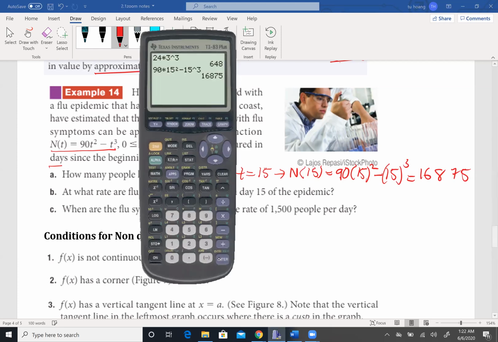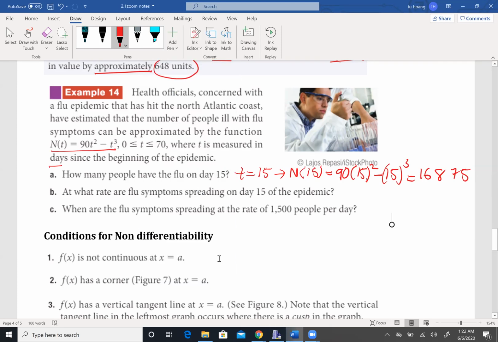Is that correct? Let me check. Yeah. So that is the number of people who have the flu on day 15, after 15 days since the beginning.